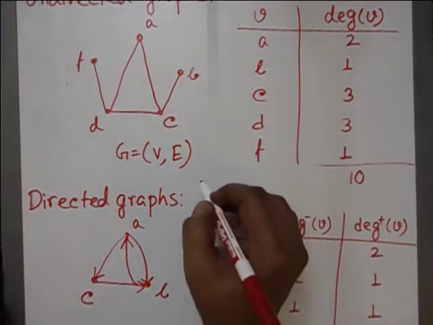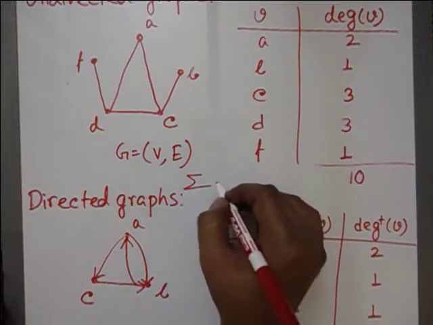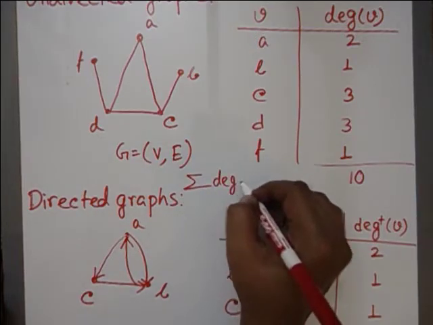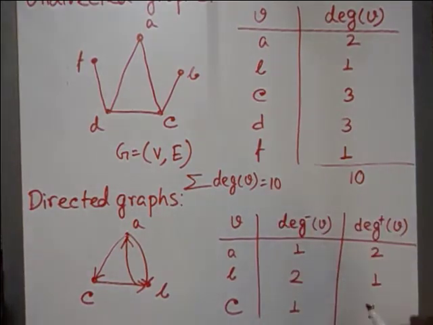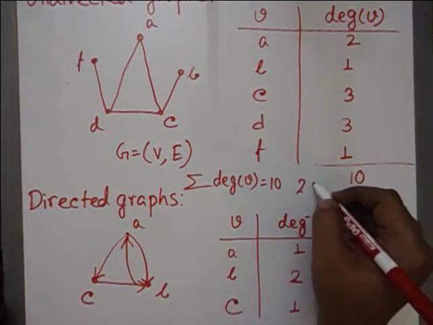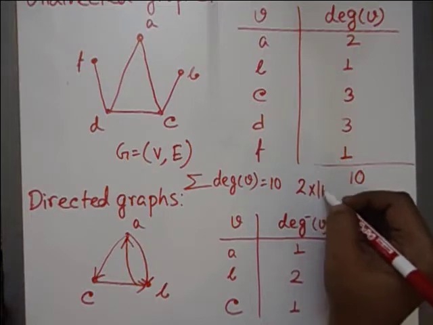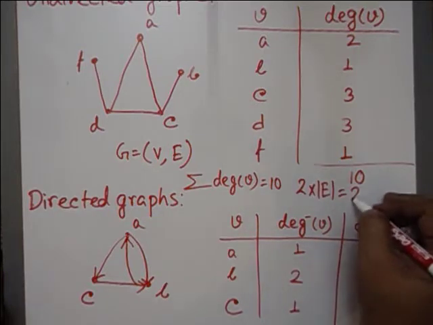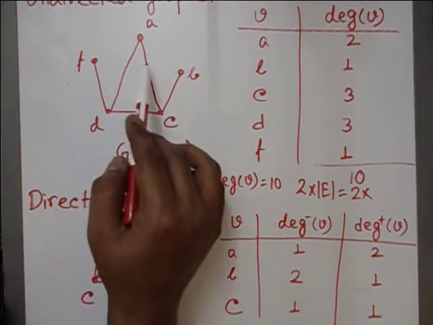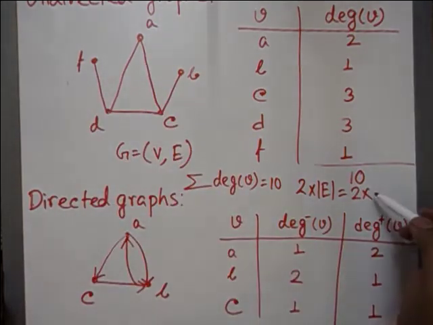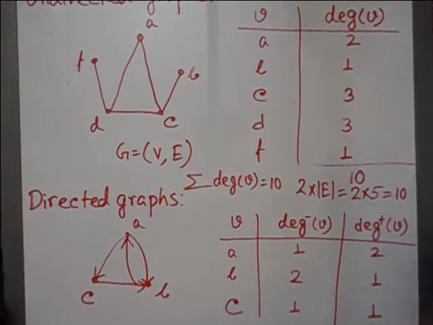So the summation of degree of v is 10, and 2 times the number of edges is 2 times, how many edges are there in this graph? 1, 2, 3, 4, 5, so 2 times 5 is also 10. So it checks out.